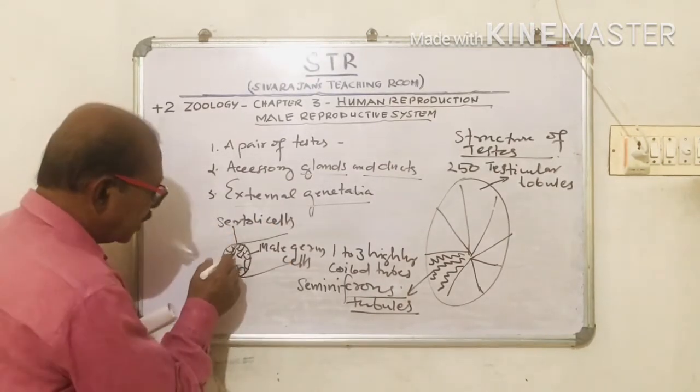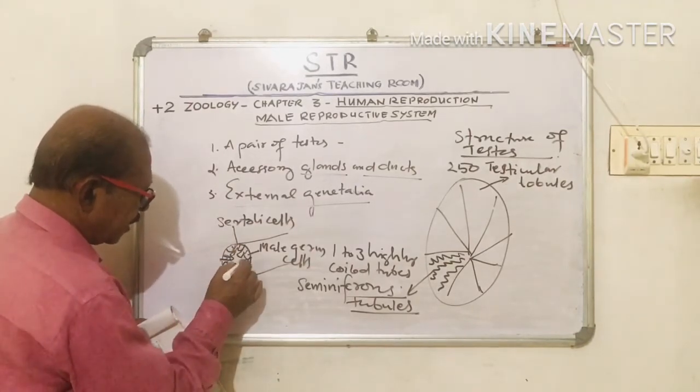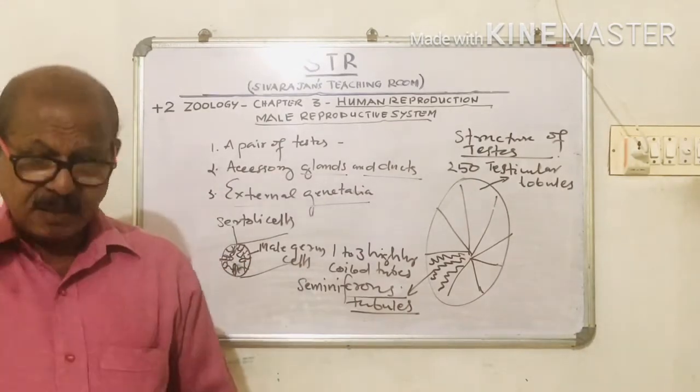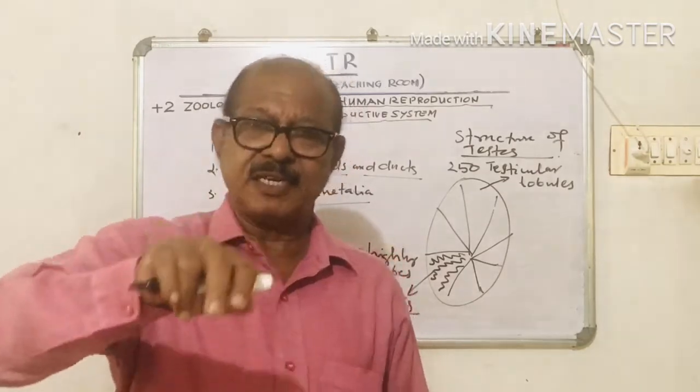The Sertoli cells are elongated cells. See, these elongated cells, they are the Sertoli cells. They extend into the lumen. Lumen means inner cavity.